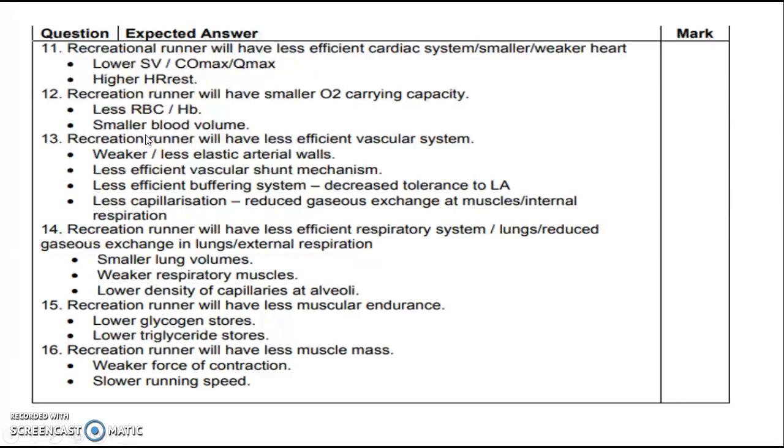And you can see how this is basically all the adaptations, but just giving it a negative slant, because everything an aerobic athlete or a trained athlete would have, a non-trained athlete would not have. So that is really important.